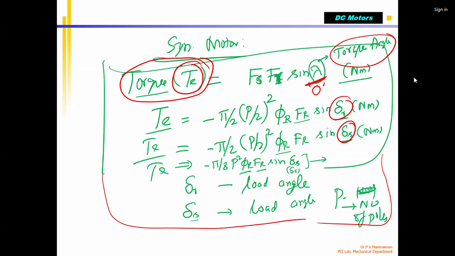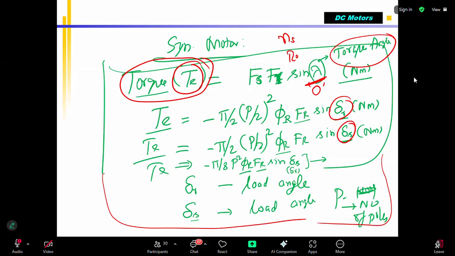That's why I told you that to start the synchronous motor, you have to rotate the rotor physically, because it is already magnetized. You give DC voltage, and the north and south poles are there. You rotate it close to synchronous speed using an external motor, so that at one stage it will catch and align.